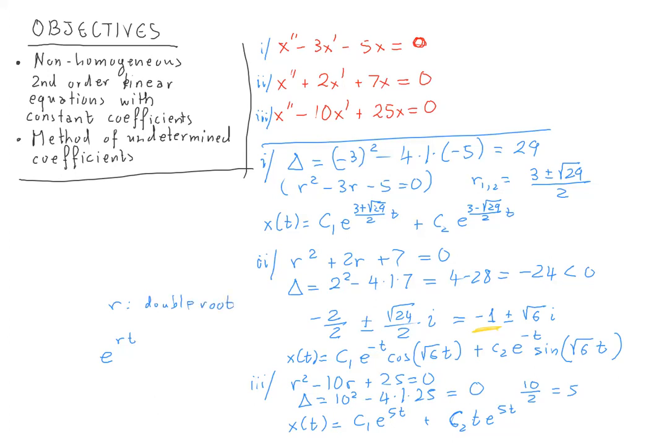Sometimes people like to think of the second one, if you want to have some sort of idea why in the world you get it like that, as the partial derivative with respect to r of e to the rt. It's a really wild suggestion to consider it like this, but the truth is that there is a theoretical basis to it, and that's the way sometimes people look at it.